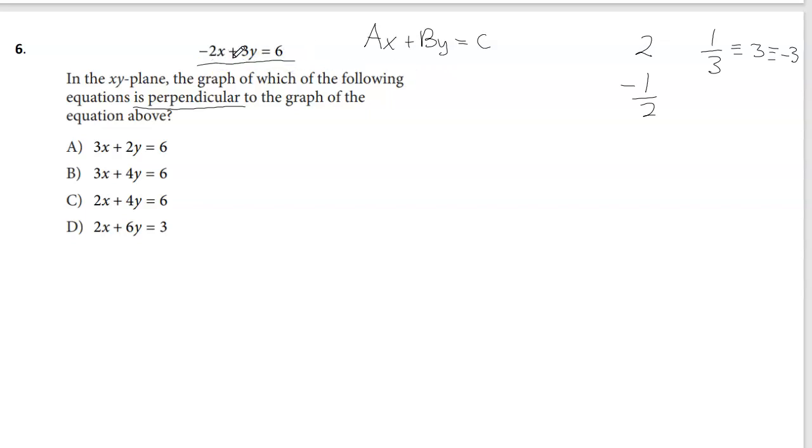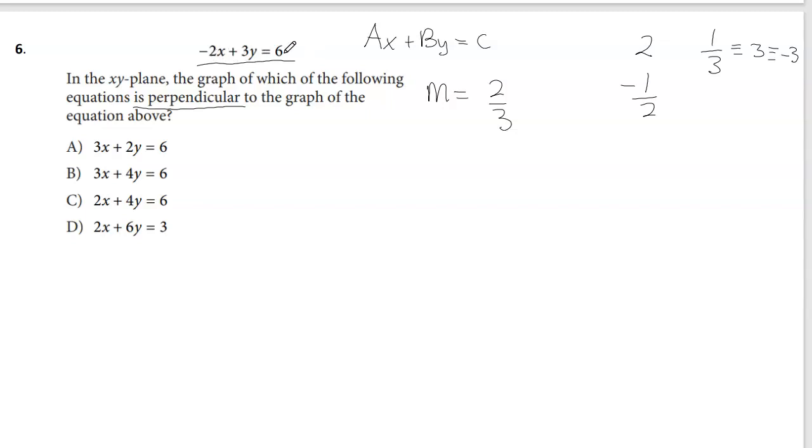Like I said, looking at this, the slope of the original line is going to be 2 over 3, right? If you rearrange this and try to make y the subject, you have to divide by 3, right?